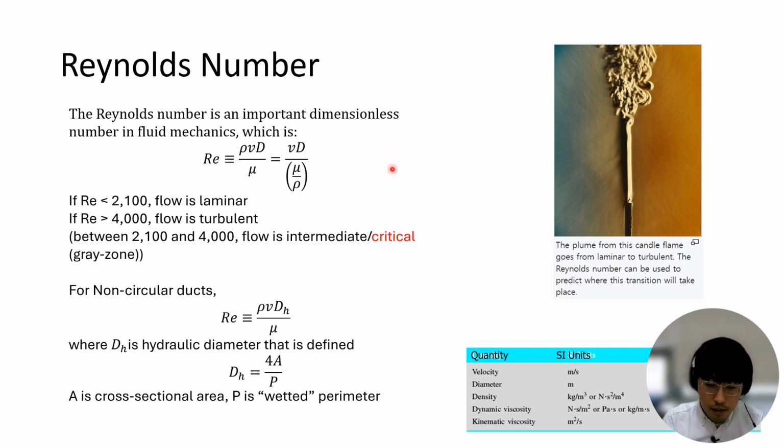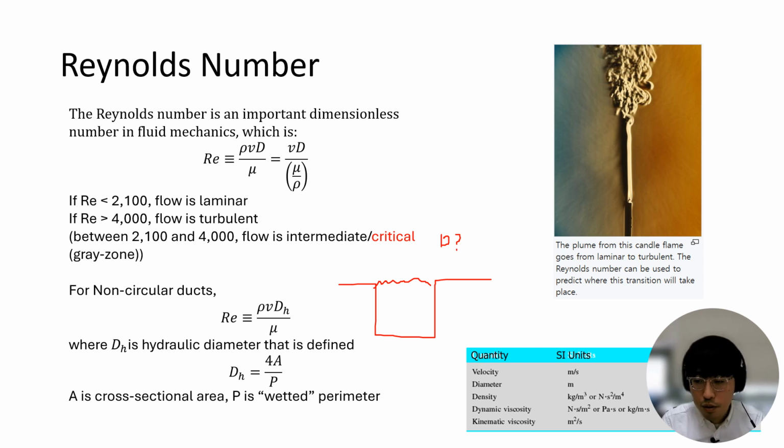So let me draw something really quick. In case we have, let's say, this kind of duct, so water is flowing through this slide. In this particular case, we cannot define the D, the diameter, directly.